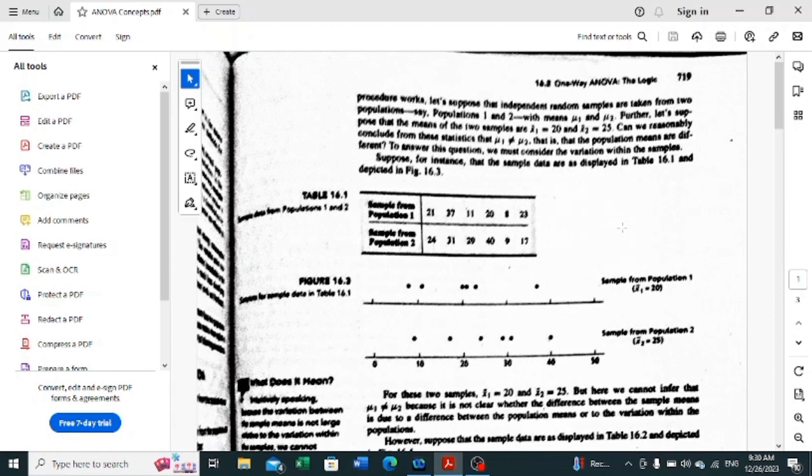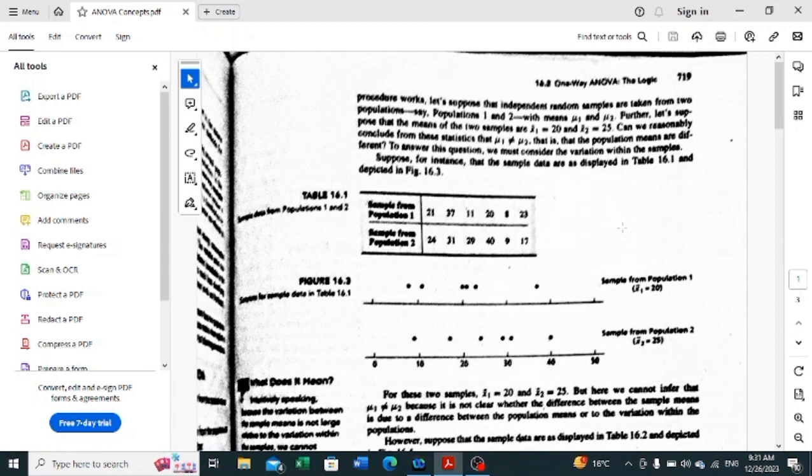When the sample mean values were computed for the two data sets, it is found that x1 bar, the sample mean obtained from the first data, is equal to 20 and x2 bar comes up as 25. But if we observe the spread with respect to the mean values, we can see that there is an overlapping scenario between the two data sets.